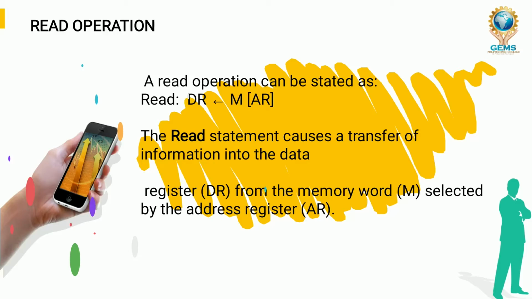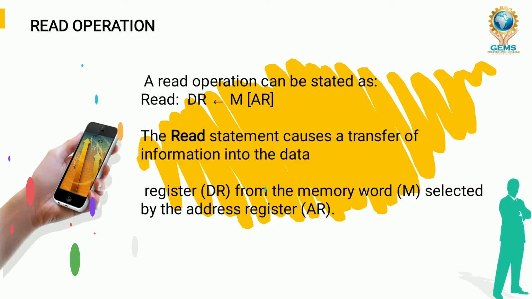This device will be denoted by the letter M. Now what is the read operation? The read operation is nothing but the data going from this memory to a particular component. Simply, data going from memory to a particular component. It may be a register or any component.